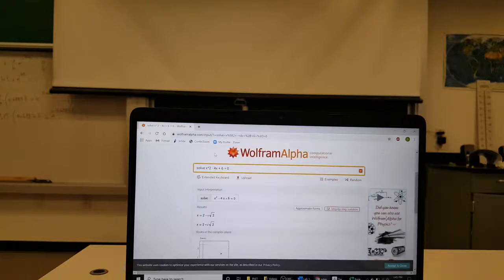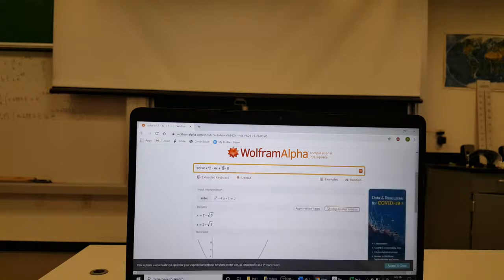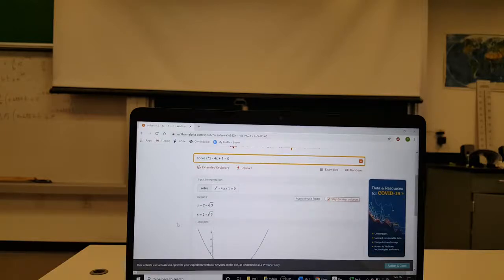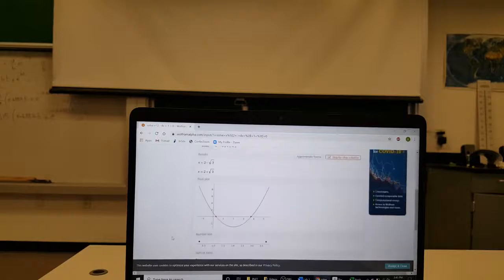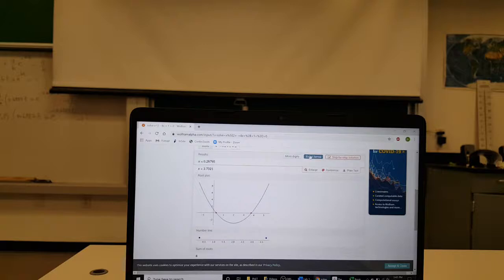Nope, still that. Let me make it positive 1. Okay, so now I have some real numbers. Here are the results: 2 minus radical 3 or this. If you like, you can view it and it will graph the equation, and that's where it crosses the x-axis. You can put approximate form, which will give you not the exact result, but approximately. It's 0.26 and 3.7 something.